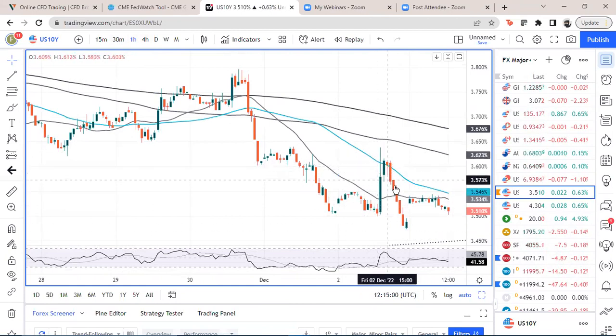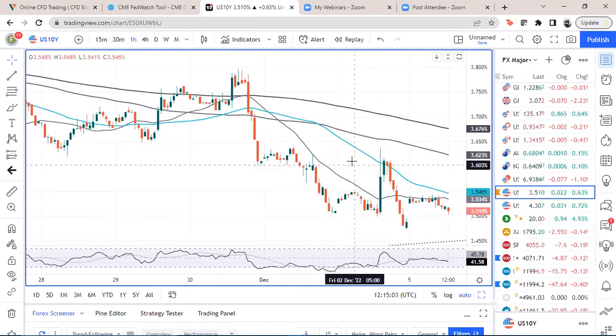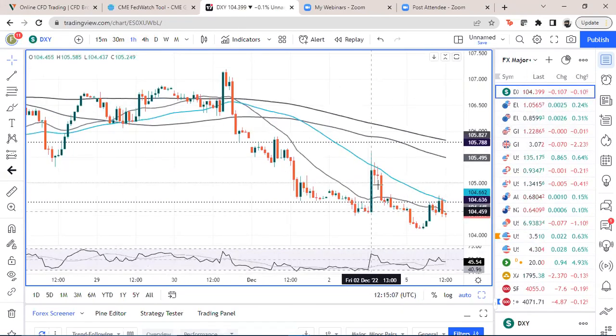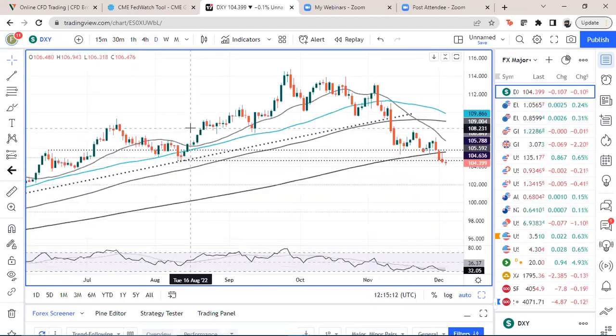So a big jump initially, and then a pullback down. So that obviously drove the dollar's jump higher, and then the pullback as well.